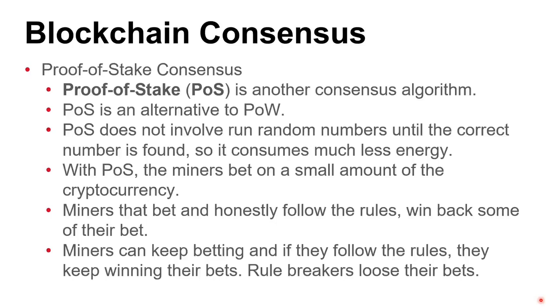The miners that bet and honestly follow the rules can win back their bet. When I say honestly follow the rules, I mean they are honest in validating the transactions. The miners can keep betting, and if they follow the rules, they will win back their bets. Any kind of rule breakers will lose their bets.